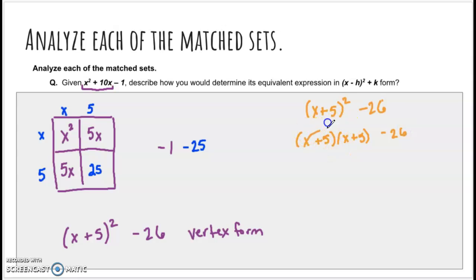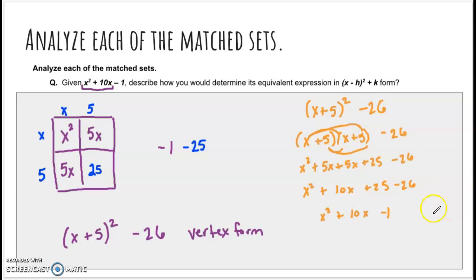I'm going to distribute, or you could grab your area model. X times x is x squared. X times 5 is 5x. 5 times x is 5x. And 5 times 5 is 25. And I still have my minus 26. If I simplify that, 5x plus 5x is 10x, plus 25 minus 26, which gives me minus 1. And I got back where I started. So that's how you can check your work.